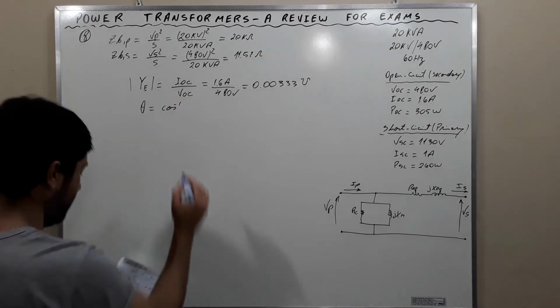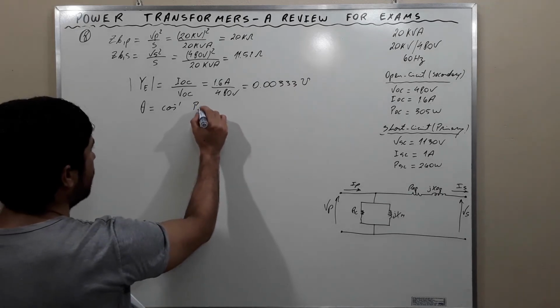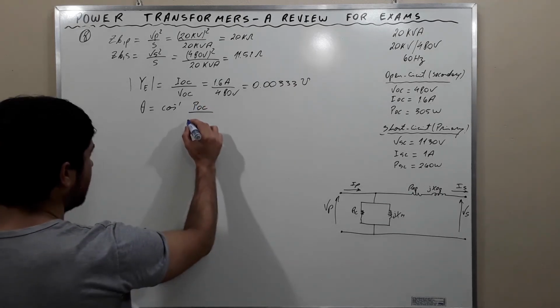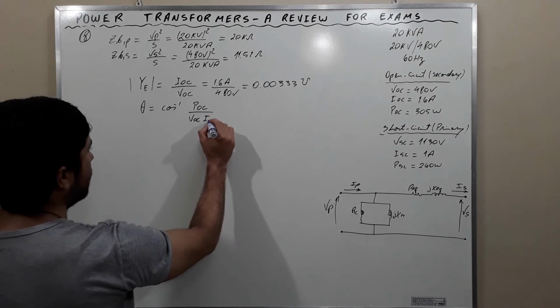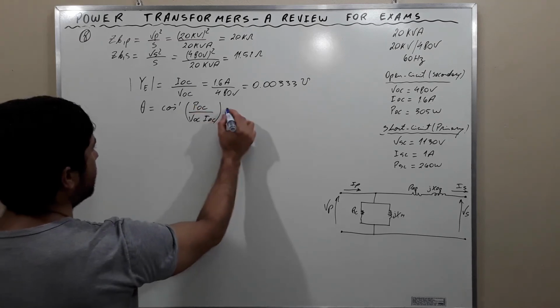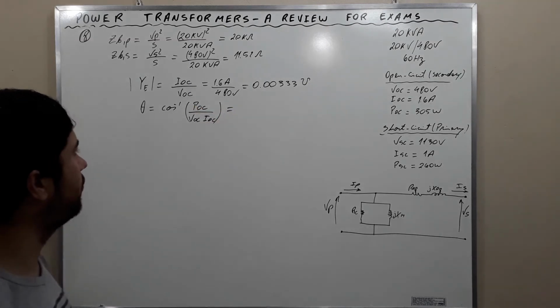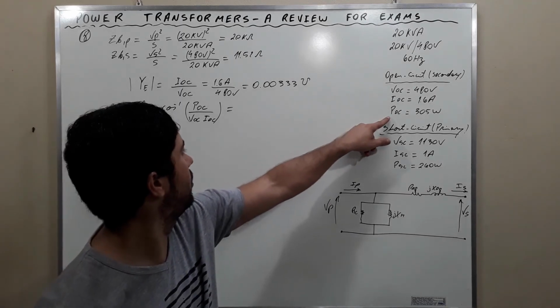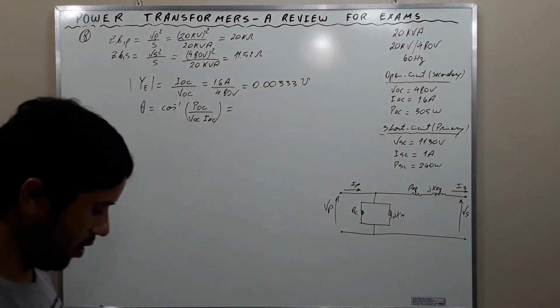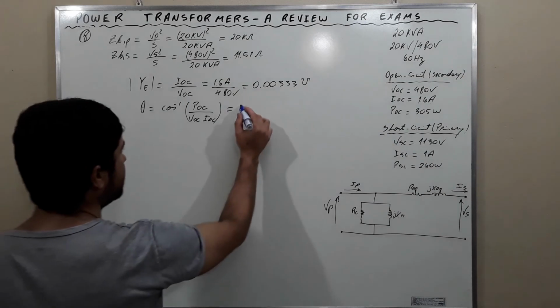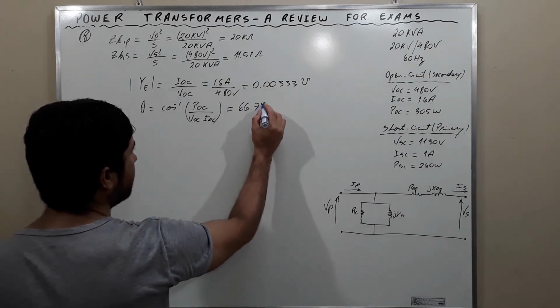It is the inverse cosine of POC divided by VOC IOC, and if we use these values here, POC, VOC and IOC, we find an angle of 66.7 degrees.